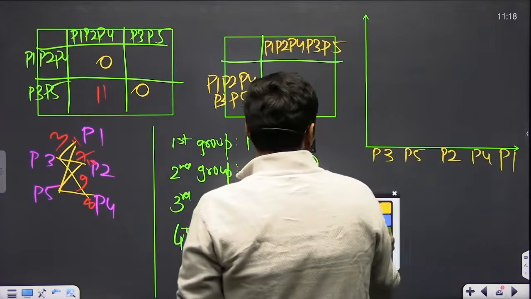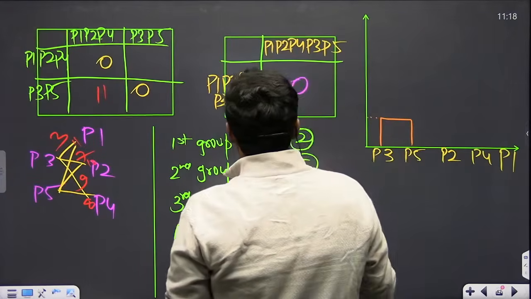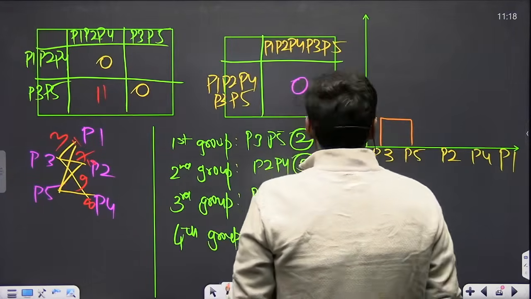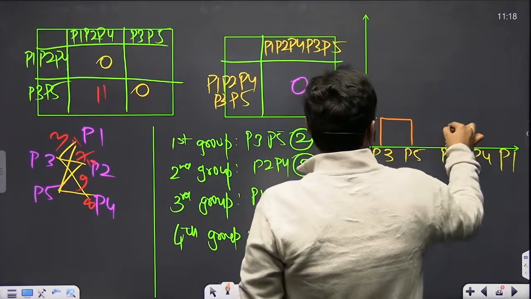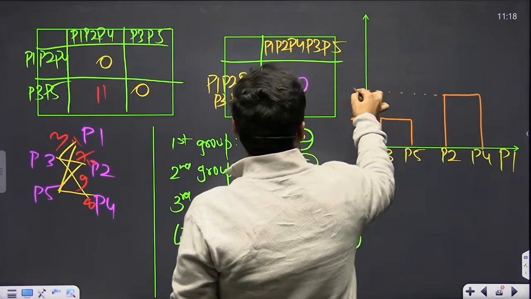Firstly, P3 and P5 are merged at a distance of 2. Then we merge P2 and P4 at a distance of 5.